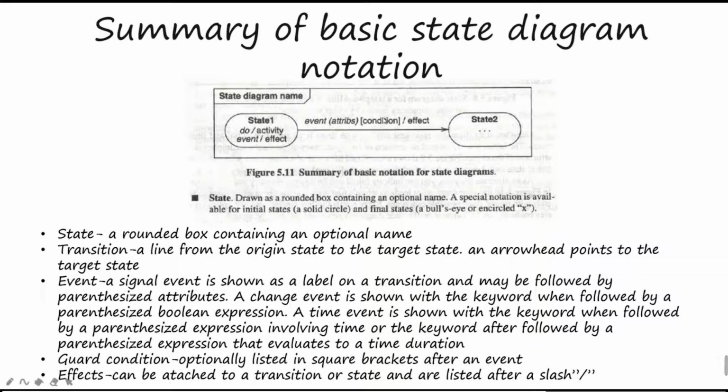And effects can be attached to a transition. This is the effect of the event. It is listed following a slash. And the effect, we will study in the following sections.